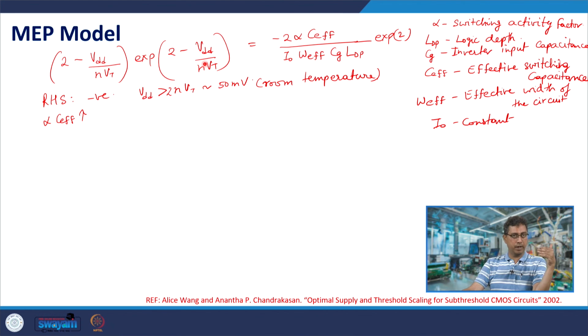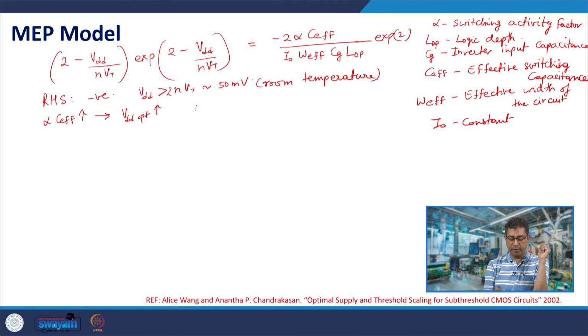If you reduce the value of VDD, the time period increases and therefore leakage energy increases, but dynamic energy reduces. So, you reduce the value of VDD, increase the leakage energy and reduce dynamic energy. So, you find a new optimum. Therefore, this actually increases the value of VDD optimum.